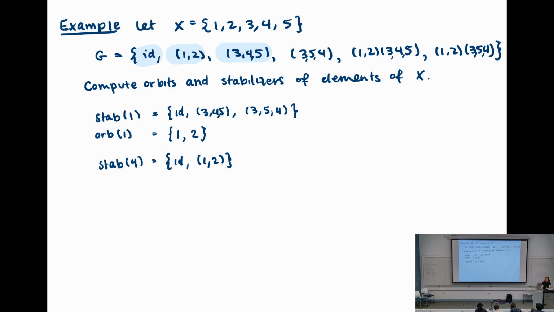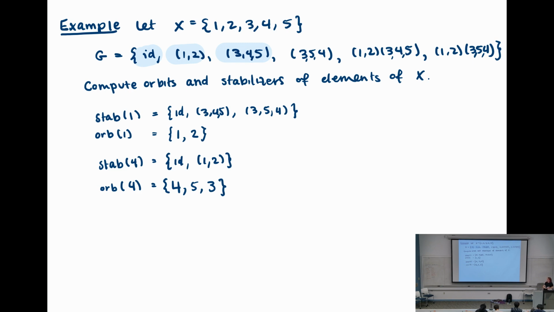And then if we wanted to compute the orbit of 4, we could leave 4 fixed, but there are also permutations that send 4 to 5 and 4 to 3. But there's no way to get from 4 to 1 or 4 to 2. Okay, so these are a couple of examples.